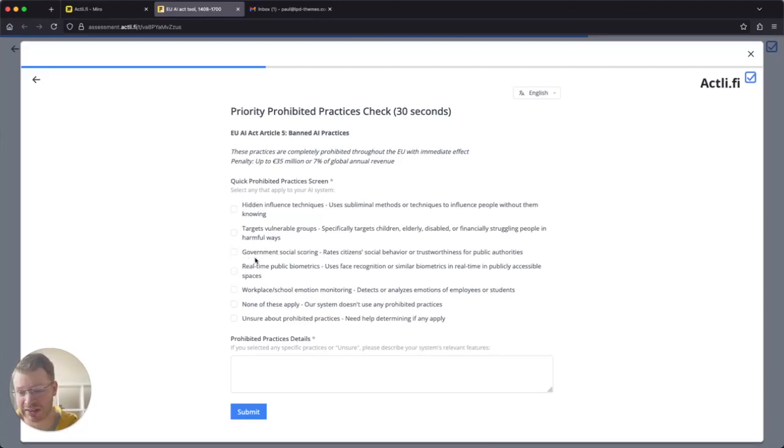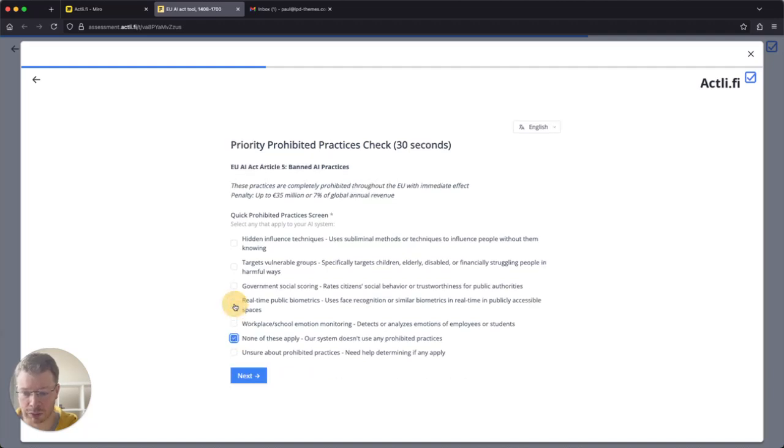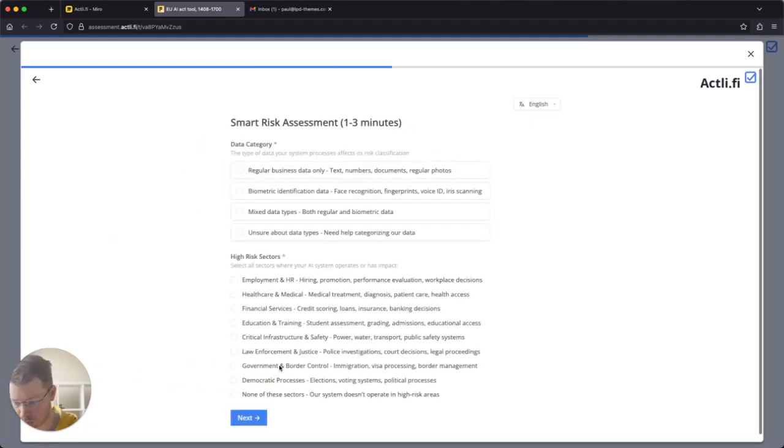If your system has real-time public biometrics, select this one. If your system monitors emotions at the workplace or in school, select this one. If none of the above, just select none. I will select none at this moment, and let's go to the next step.